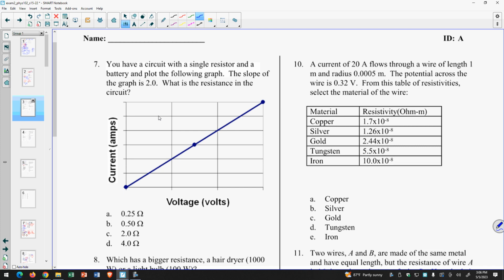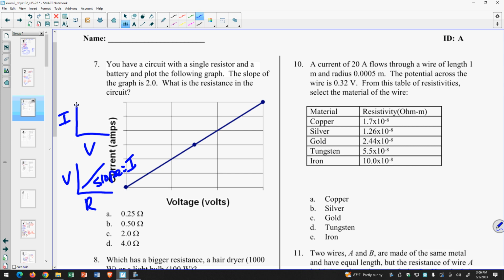I could also give you a graph of V and R and ask you what is the current. Yeah, so it'd be the slope, and in that case, the slope would equal the current.